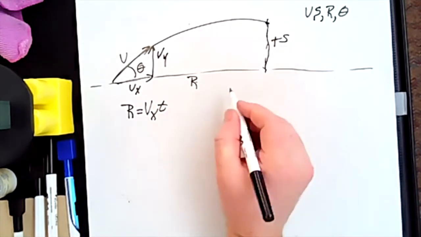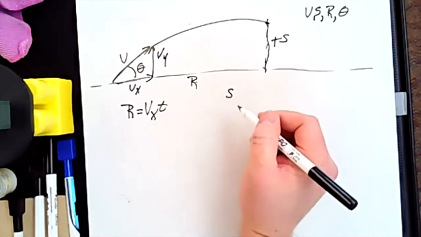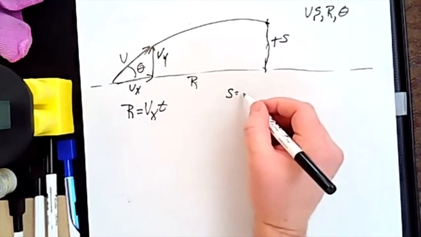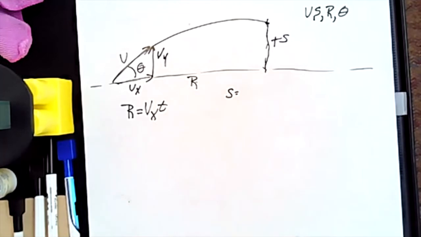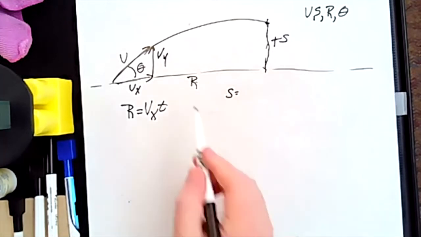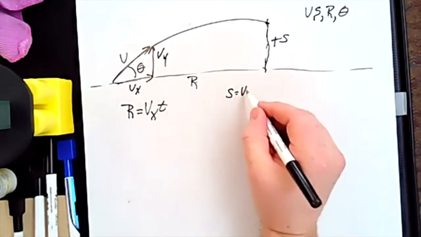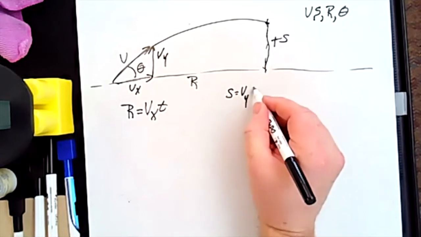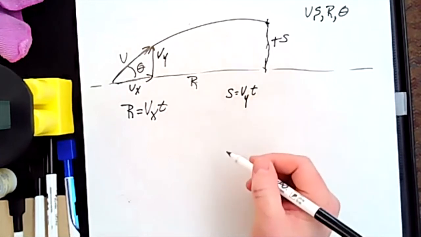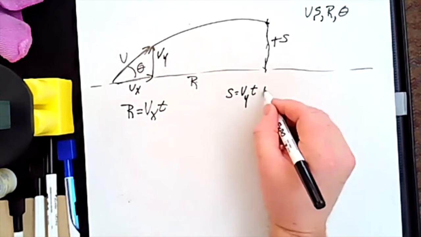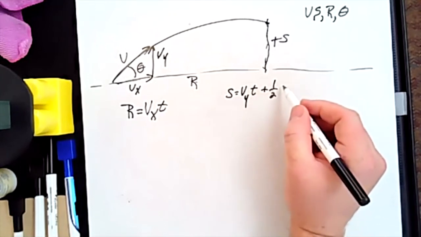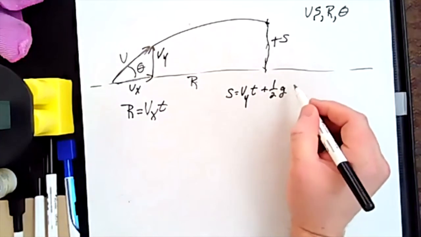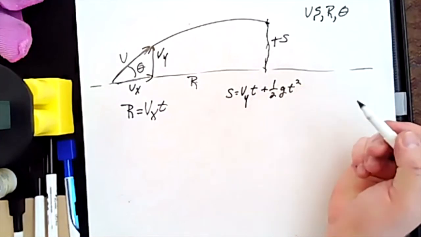So my D is actually S, and then Vi t, initial velocity times time. What's the initial velocity going up? It's Vy. So Vy times t, plus 1/2 a t squared. What's acceleration? Gravity.